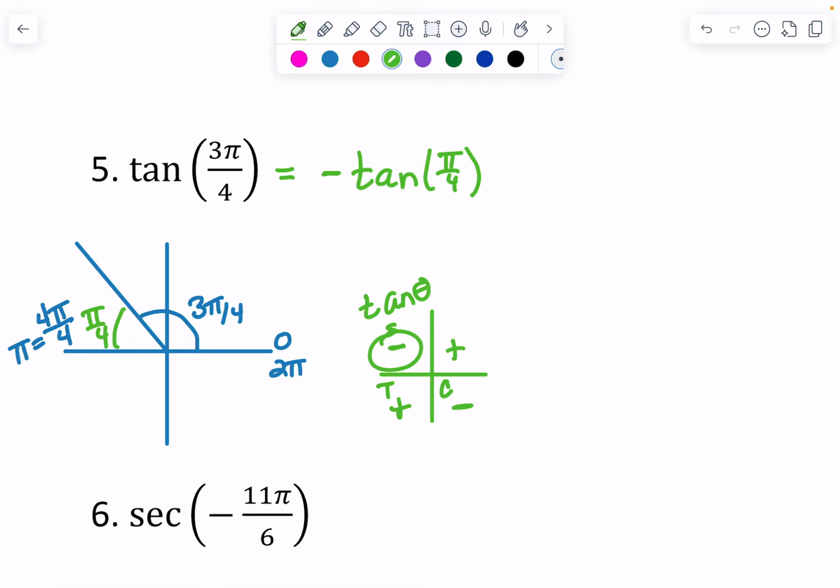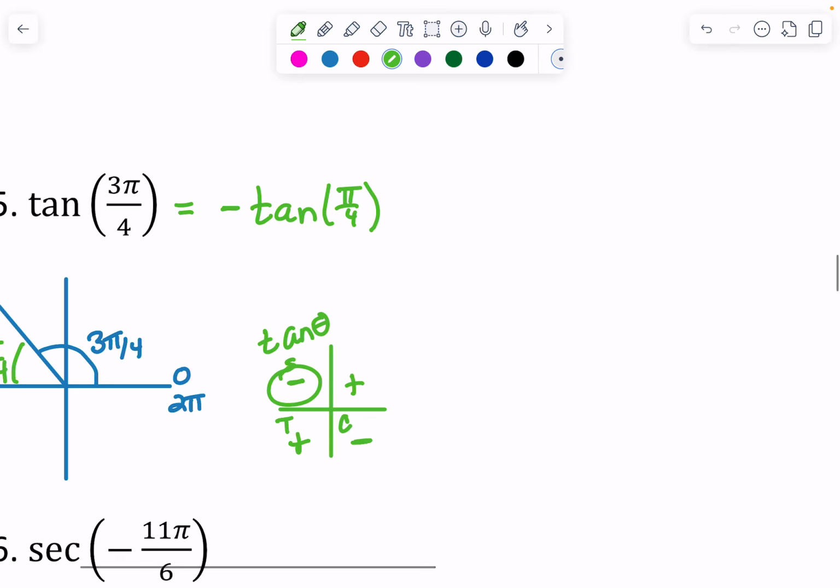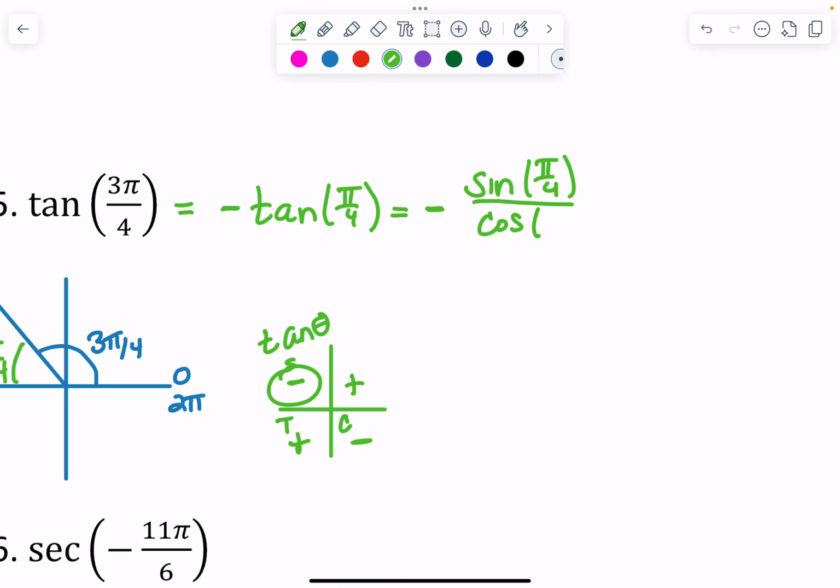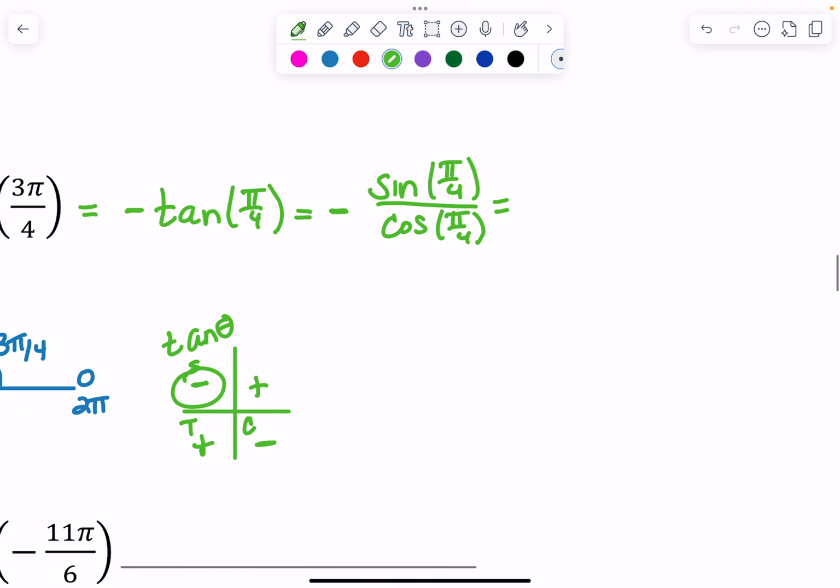Now, if you're not sure what happens, pi over 4 angles are actually my favorite for tangents. You'll see why in just a second. This is equal to negative of sine of pi over 4 over cosine of pi over 4. Keep that negative with you.